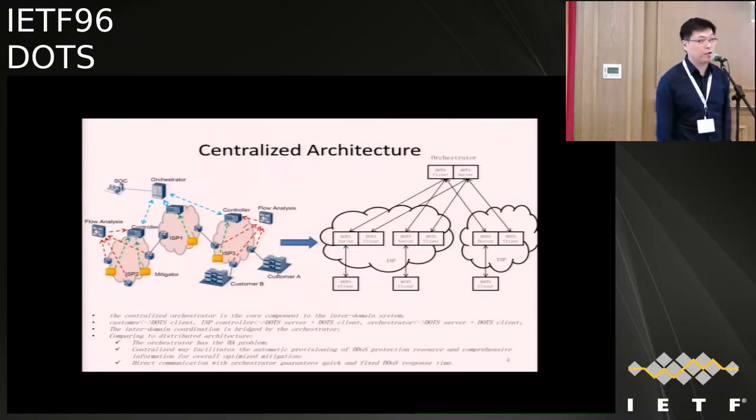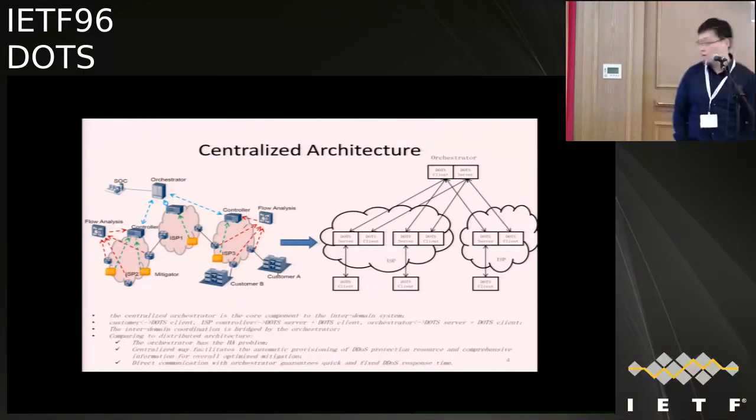And this center, because it has overview information of all the resources, can do the coordination work. So it's quicker than the previous one, because this operator just asks the center, and the center decides which operator can help. So we think that it has some benefits.